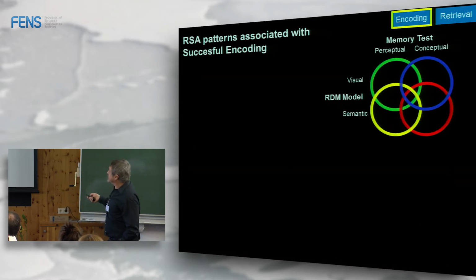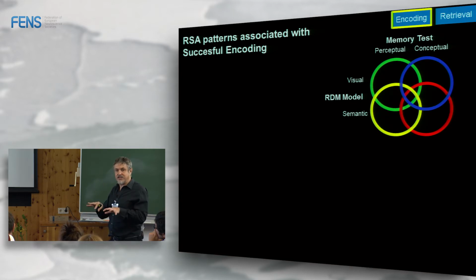So what we did is look at the conjunction of different types. The visual RDM gives regions where the similarity is correlated with the visual model, the semantic regions are correlated with the semantic model, and then we look at whether the memory was successful in these regions for the perceptual test and the conceptual test. Is that clear?